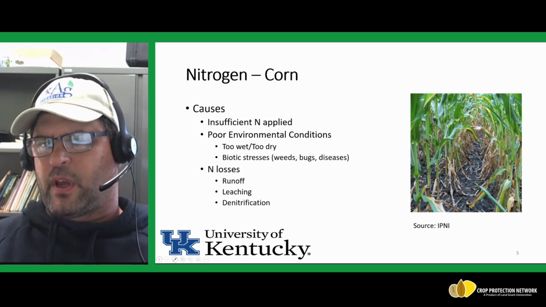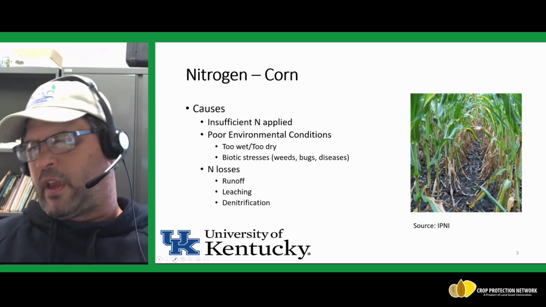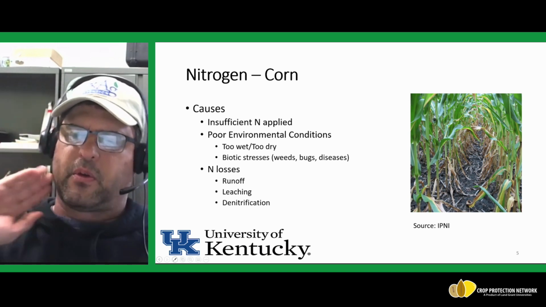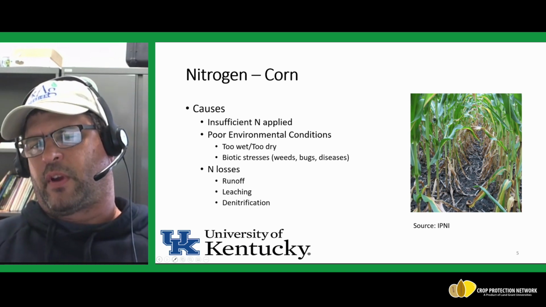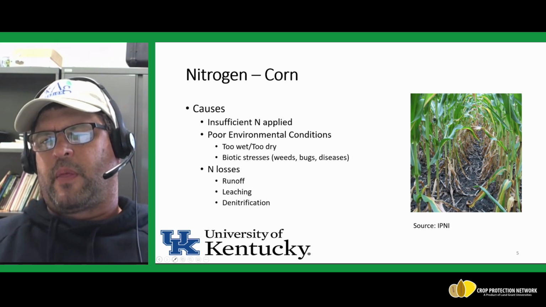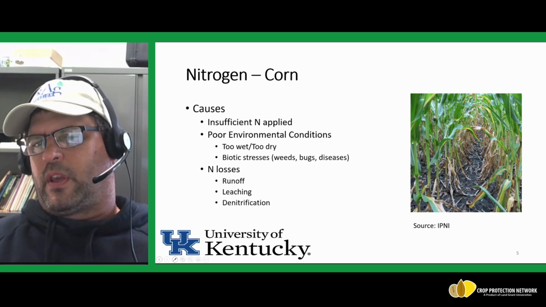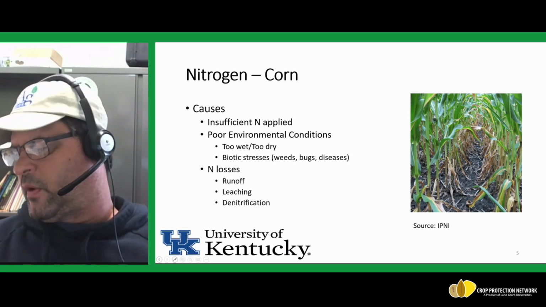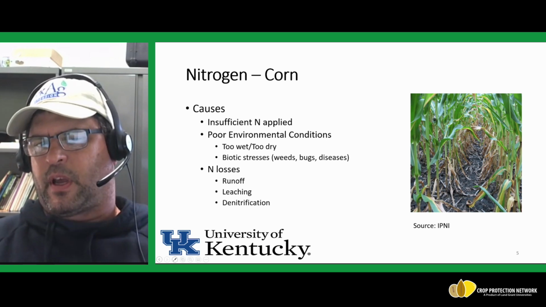So saturated soils are going to cause that. If it's too dry, the nutrients can't be taken up either. And then some other biotic stresses would be bugs, weeds, diseases, something that stresses that plant and doesn't allow it to adequately take up the nitrogen.